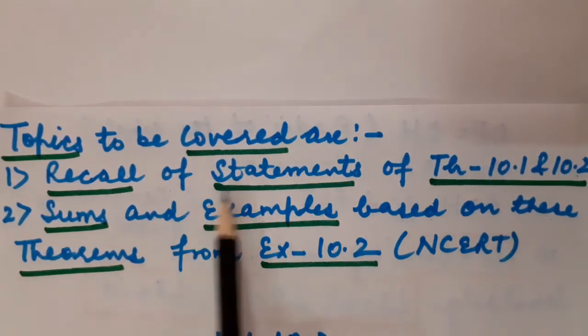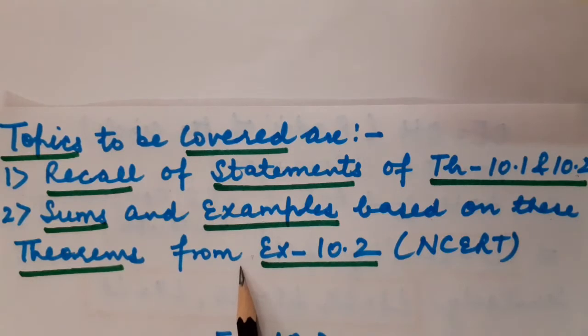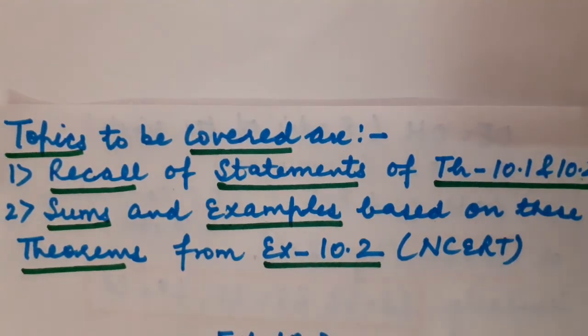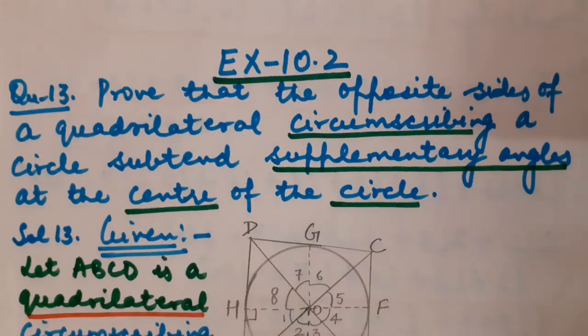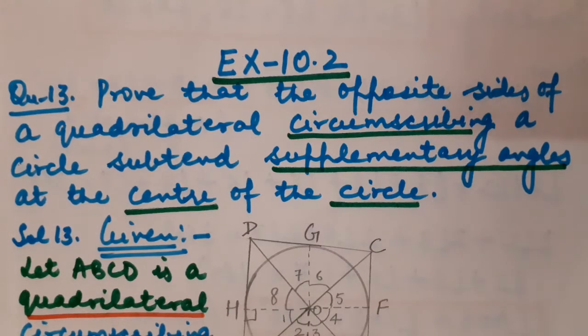So theorem 10.1 states that the radius is perpendicular to the tangent at the point of contact. And theorem 10.2 states that the lengths of the tangents from an external point to the same circle are equal. So now let us start today's lecture.